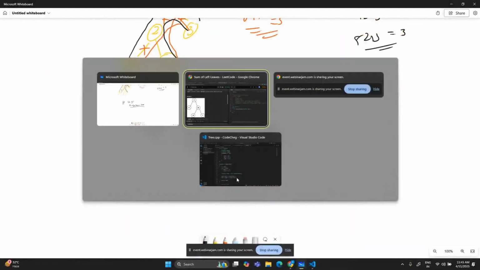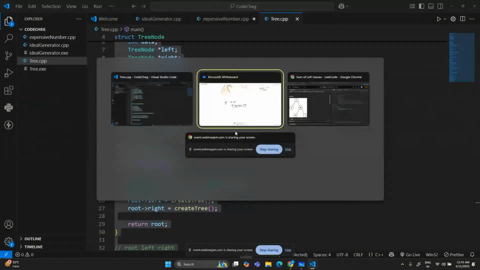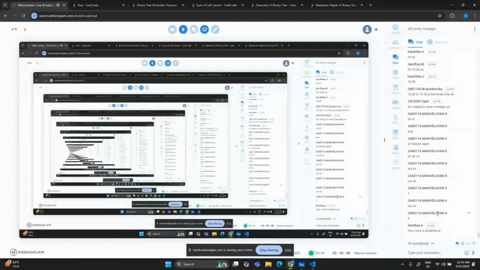And class, I am also sharing this code with you in the chat box, so you could have a reference. My voice is breaking, I'm sorry for it. Now it's clear, Sandhya? There is still some lag. I don't know. So I am sharing the code with you. Again, I am also not able to send something.